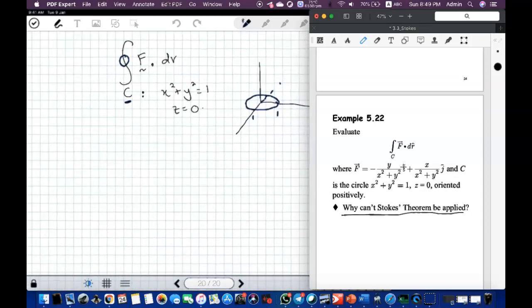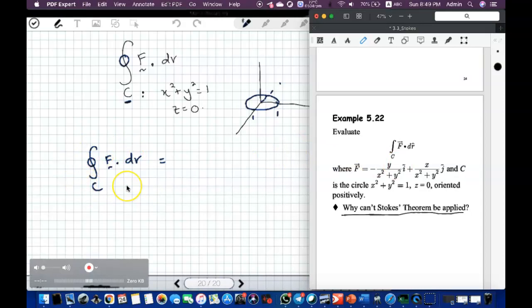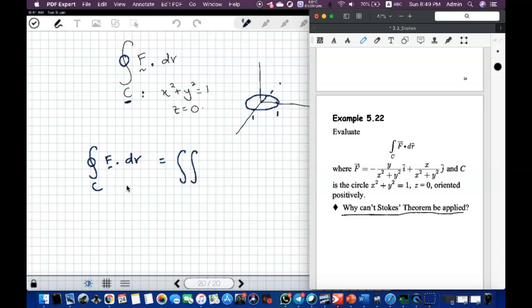If we understand what Stokes is about, the Stokes theorem says that the closed curve that we have becomes the boundary of the open surface, where the value of this line integral is the same as the surface integral of curl F dot n over the surface sigma.